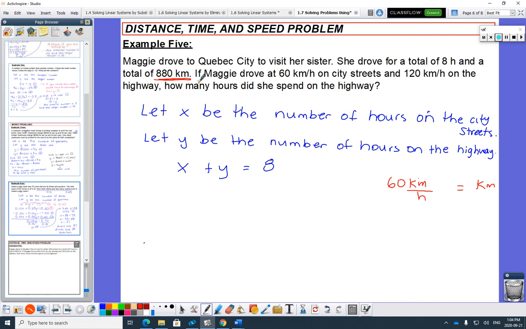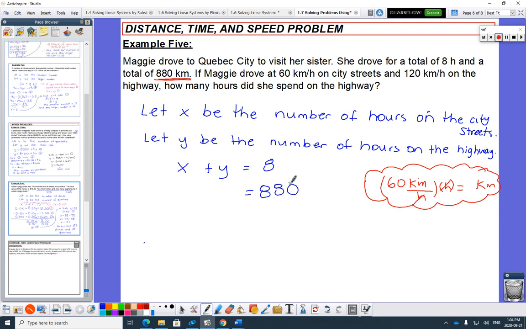What kind of math do you do? Multiply, divide, add, subtract. Multiply. Right? So you multiply by the hours, and that cancels out the hours, and you're left with kilometers. That's how we're going to go from speed, which is kilometers per hour, to get our total of 880.